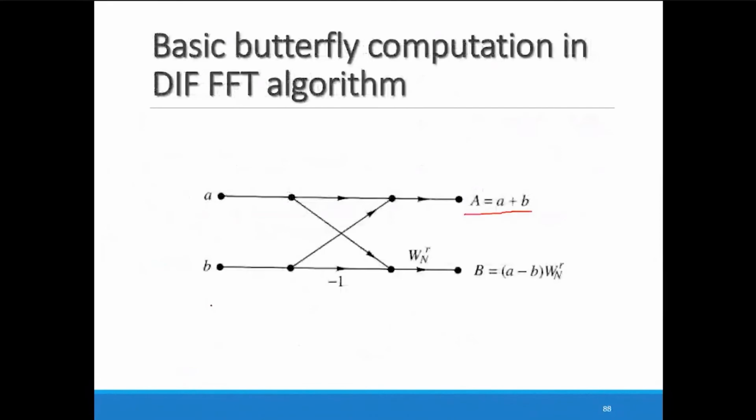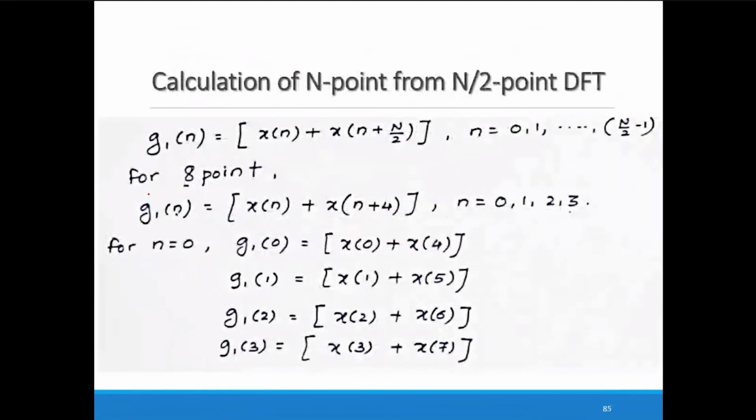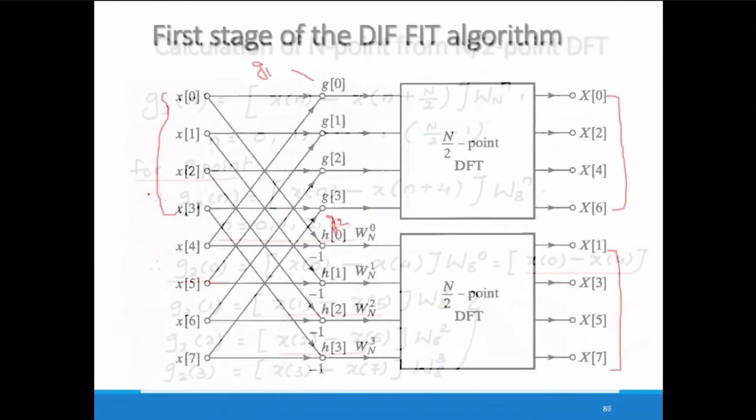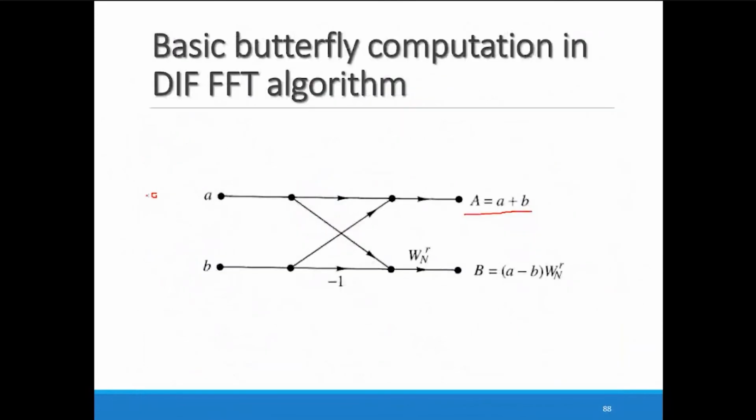Small a and b are inputs. So here this one is nothing but your x of n. I'm coming to that. Here this is your x of n term, and this represents x of n.